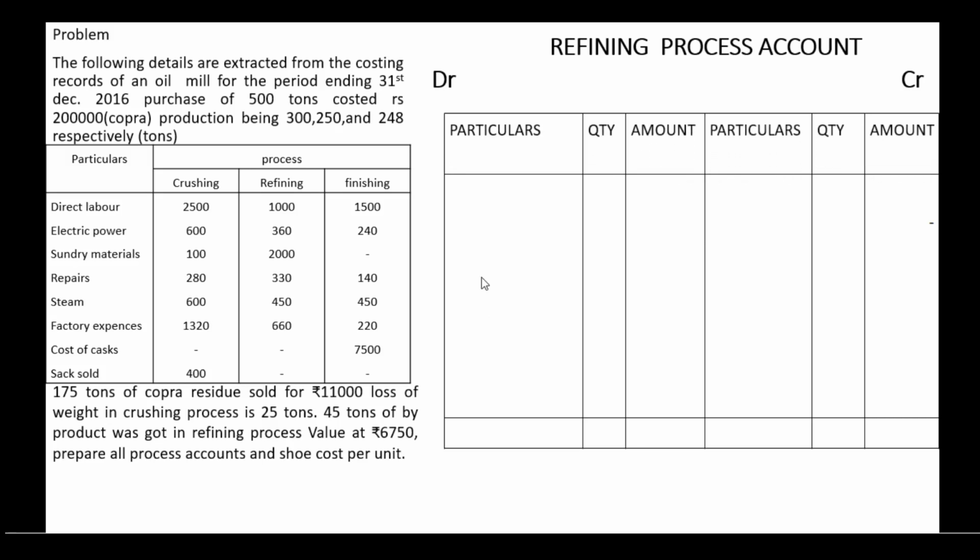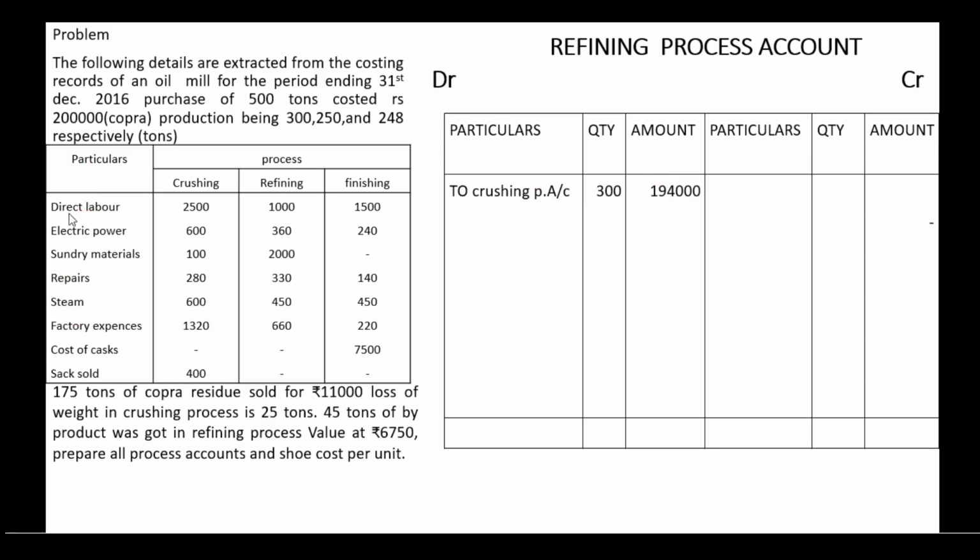So first here, in the crushing process we entered the output as by refining process account. That is transferred to here in the debit side. So here it is entered as to crushing process account. Quantities 300, amount 1 lakh 94,000. After this, we enter the expenses.